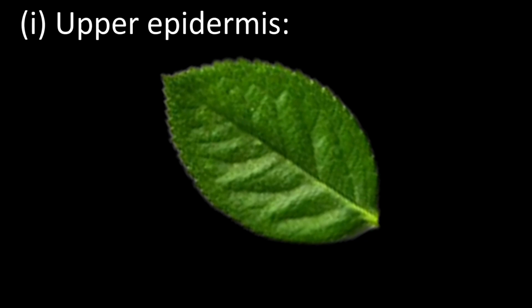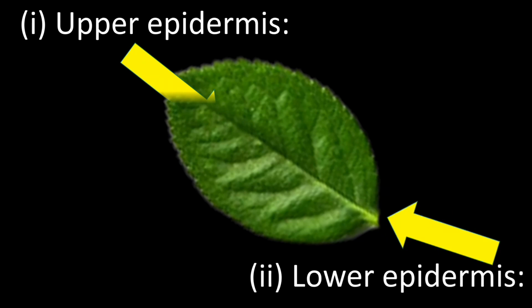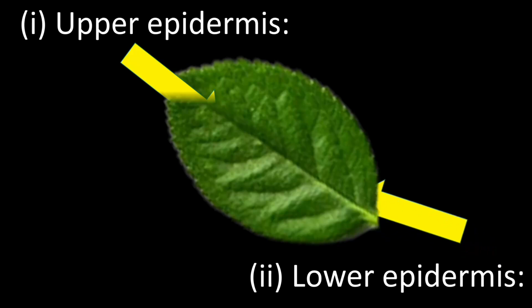Here, the upper surface of the leaf is covered by upper epidermis, and the lower surface of the leaf is covered by lower epidermis. Epidermis is the protective layer.